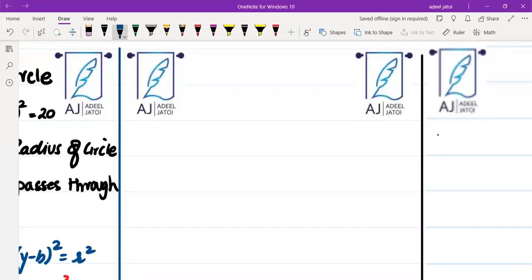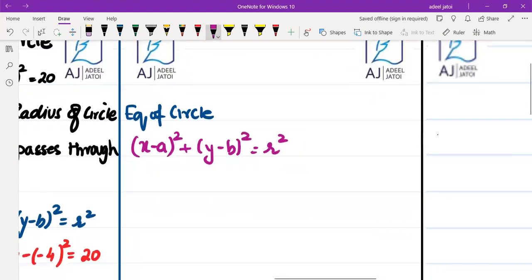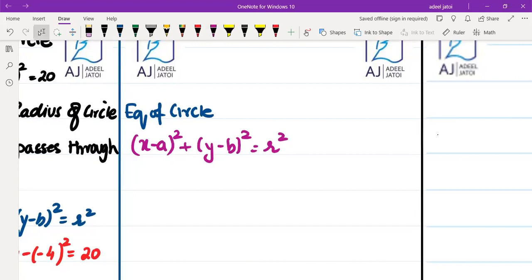Now, your equation of a circle is (x - a)² + (y - b)² equal to r². Now, there's also an alternative way the examiner may test this. Let's open this.